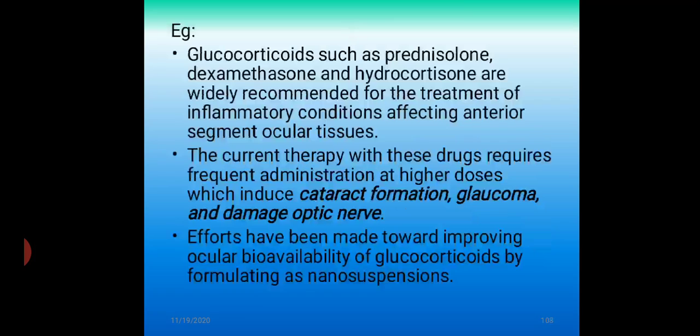How does it overcome them? See, if you directly administer these glucocorticoids as a solution, a large drainage of the drug molecules can happen, and thus a large amount of drug needs to be administered, and we couldn't find out how much drug will permeate into the anterior and posterior segments.